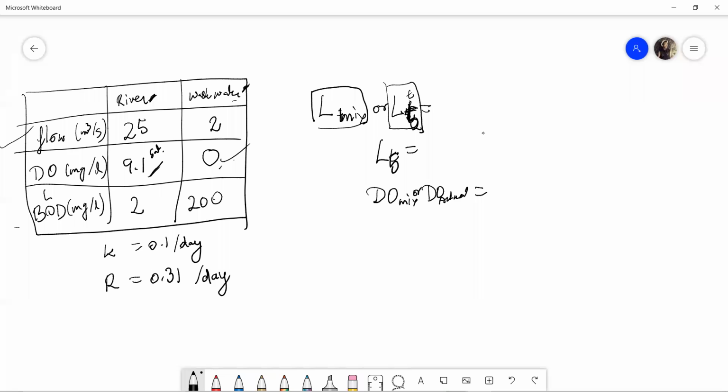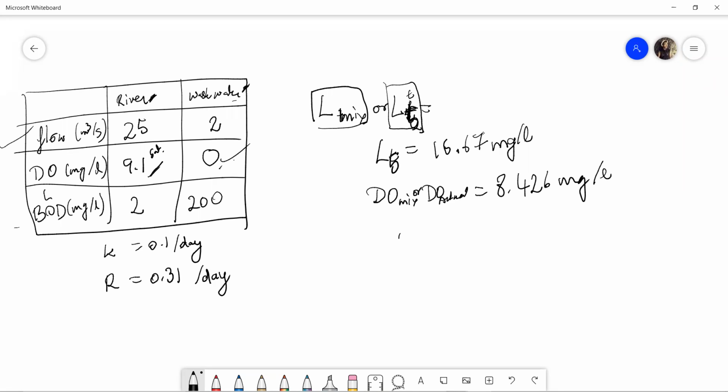BOD for the fifth day is 16.66 or 67. You can write 16.67, right? 16.667 something, that is mg per liter. DO mix or DO actual is 8.426 something, 8.426 mg per liter. So this is the answer you get.